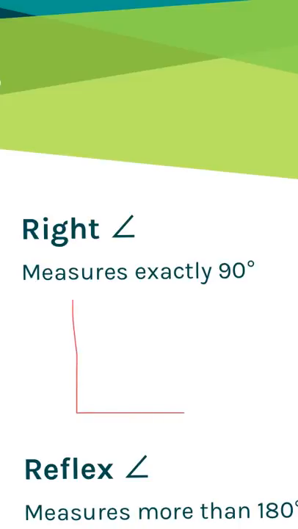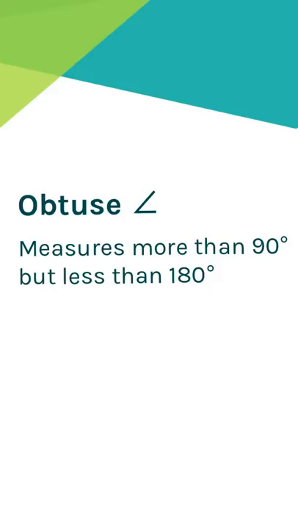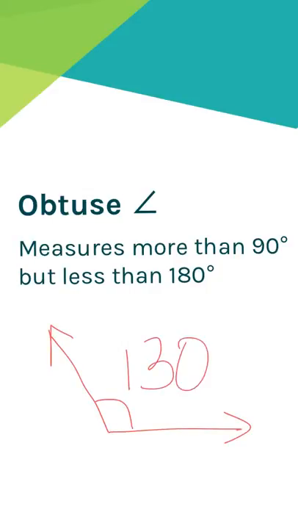It'll be like a corner here, and you'll see a square in the middle at the vertex that shows you that it's exactly 90 degrees. An obtuse angle measures more than 90 degrees but less than 180 degrees. So for example, you could have an angle that is 130 degrees.